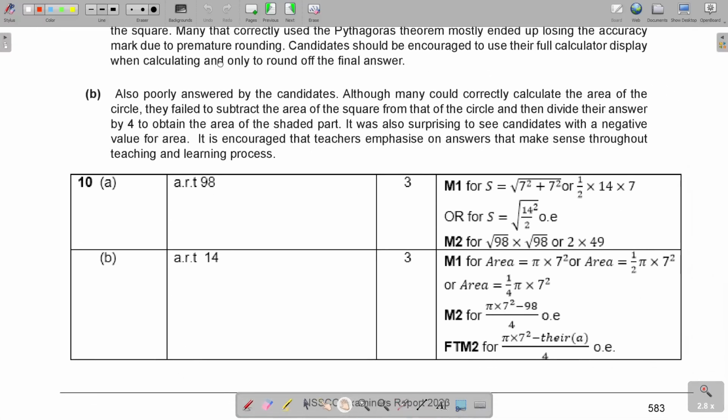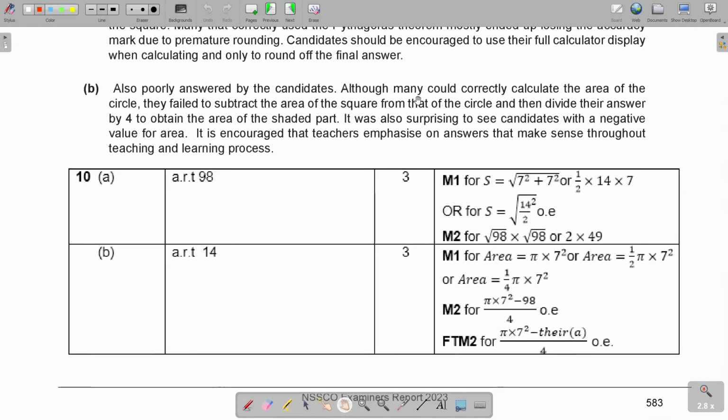Okay, so also poorly answered by candidates. Although many could correctly calculate the area of the circle, they failed to subtract the area of the square from that of the circle and then divide their answer by 4 to obtain the area of the shaded part, or one shaded part. It was also surprising to see candidates with a negative value for area.